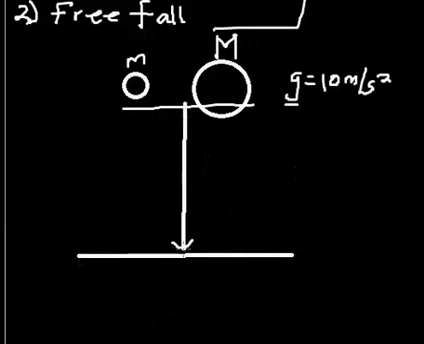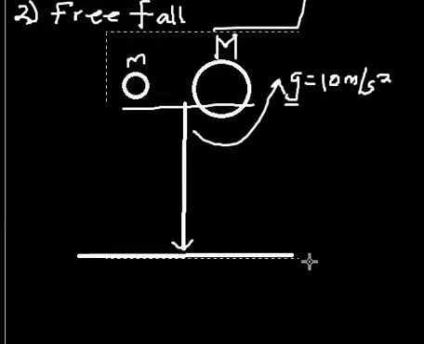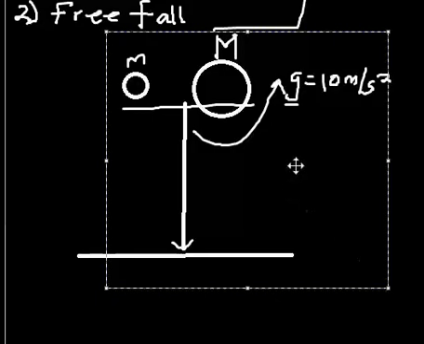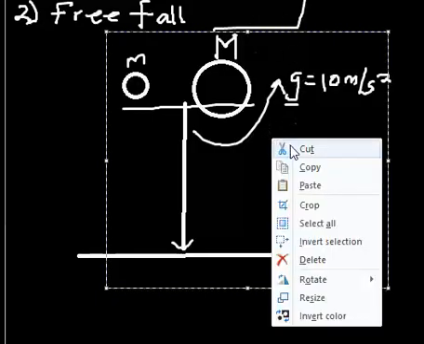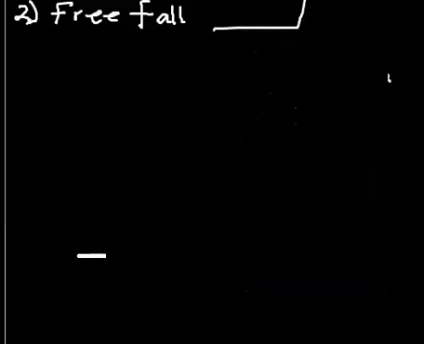Why? Because the acceleration due to gravity is the same, irrespective of the masses. So please take note of that. Whenever we are dealing with motion under gravity, we always consider G, which is acceleration due to gravity.